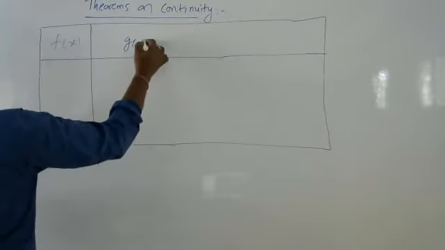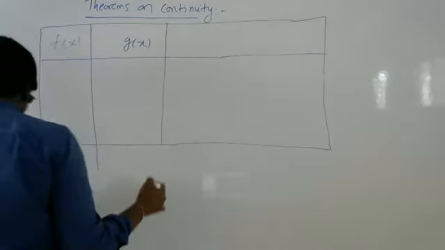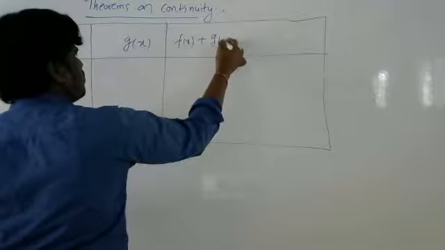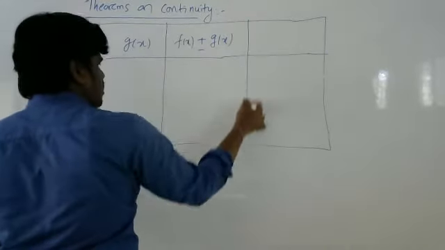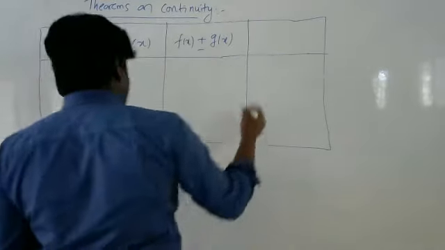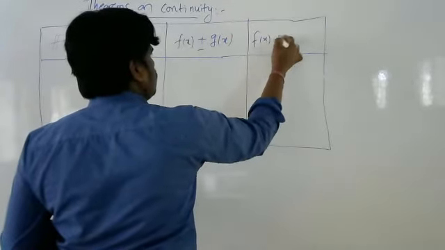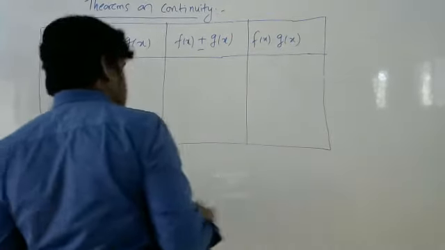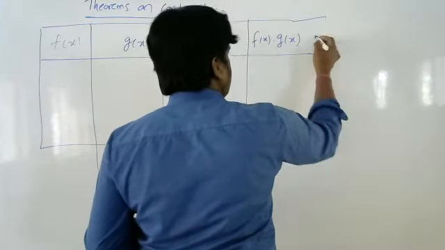f of x is a function. g of x is a function. f of x plus g of x, f of x minus g of x, f of x into g of x, or f of x divided by g of x.